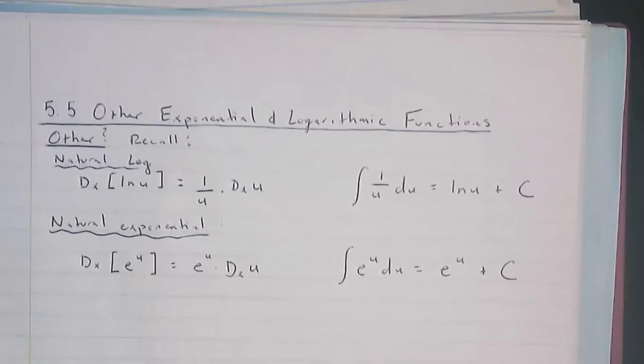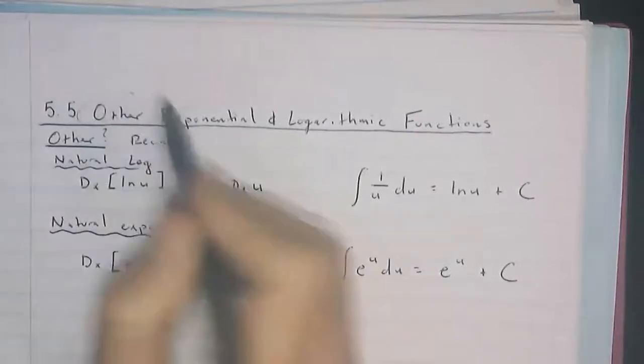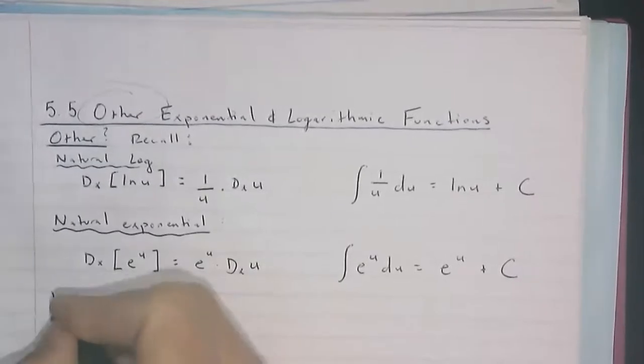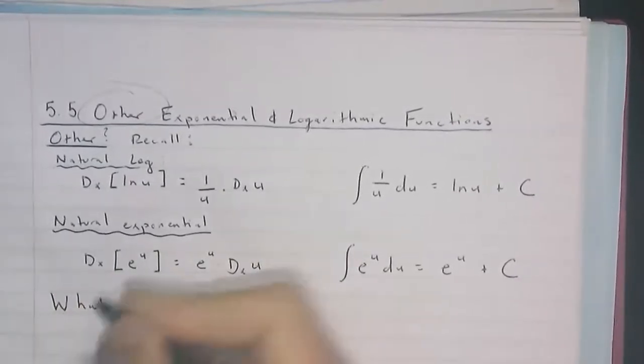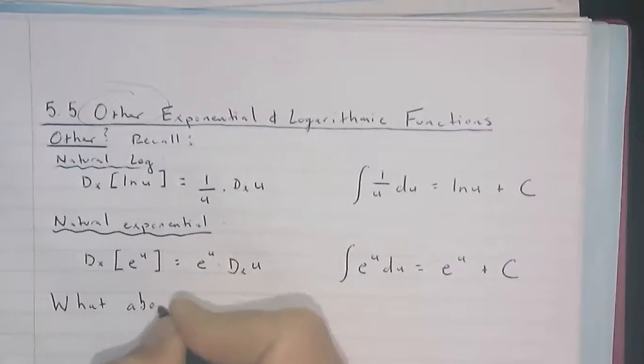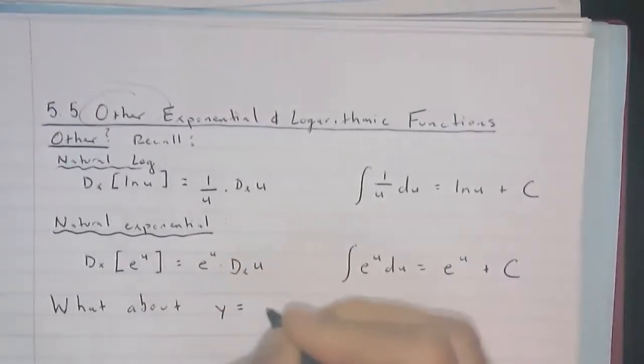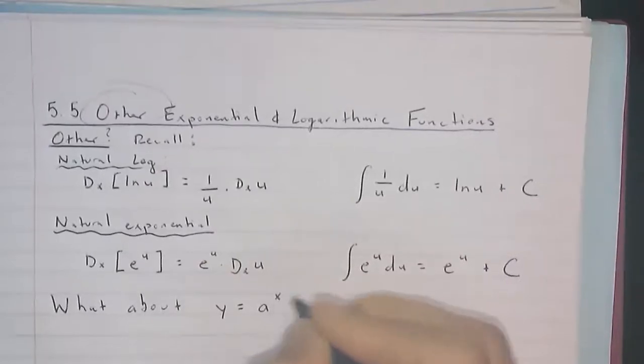But as much as we would like it to be the case, life is not made up of only the natural log and the natural exponential. So this other is what that refers to. So what about y equals a to the x?